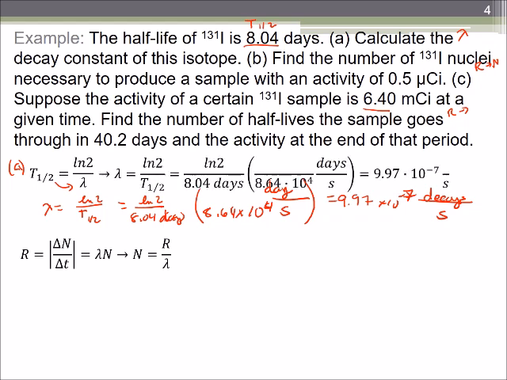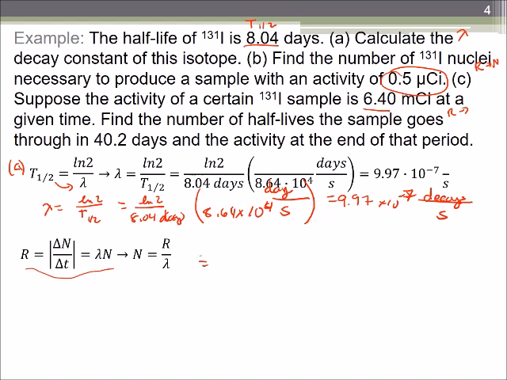The next thing we want to do is we have R, we want to find N. So I'll take the equation that we had on that first equation slide and solve it for N. I'm not going to use the middle part because we just found lambda, so we take that lambda, put it there, and we're given an activity R in Curies. We can't use those same units, so on our way we're going to have to do the unit conversion.